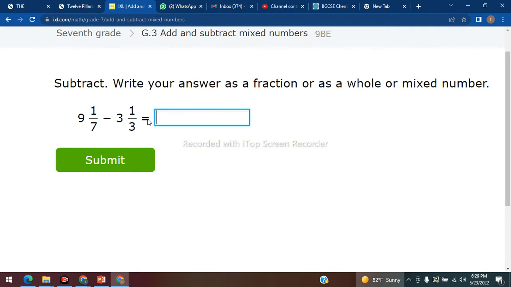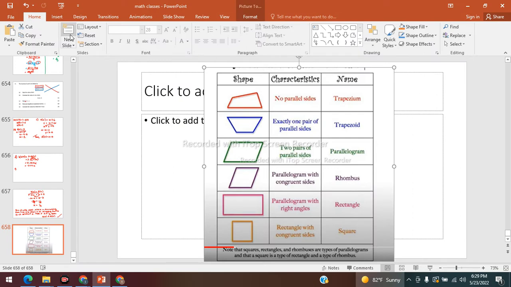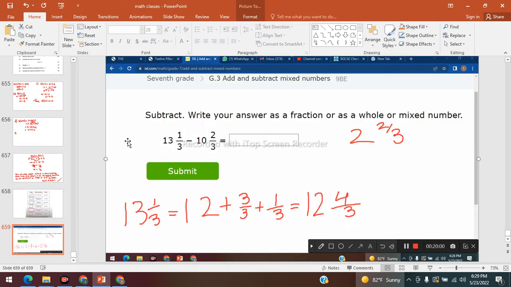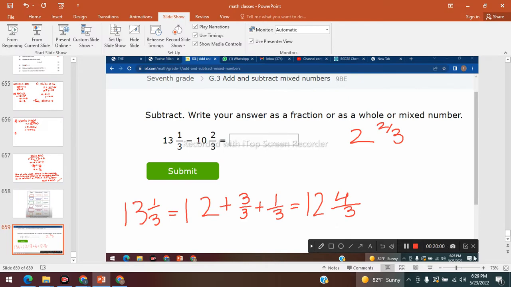Okay, this one, we have to do the same thing. What is 9 minus 3? Mr. Petit, I didn't see what you did for the rest. You didn't see what I did? That's what I did. I didn't take a screenshot of it. Oh, too bad. My apologies. I could take a screenshot next time.